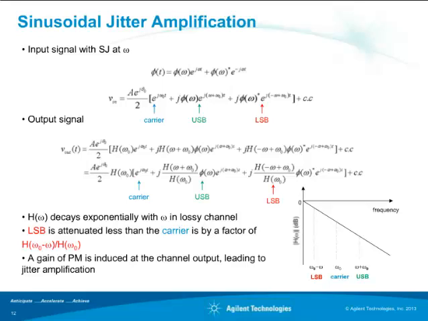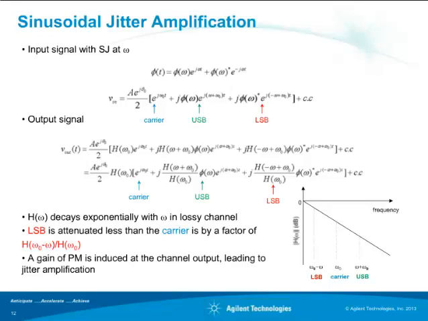The magnitude of the lower sideband at the output signal will actually have a gain factor compared to the carrier magnitude. And since the phase modulation is determined by the ratio between the lower sideband and the carrier, the difference of attenuation between the lower sideband and the carrier actually introduces a gain factor to the phase modulation at the output signal. And that again leads to the jitter amplification.